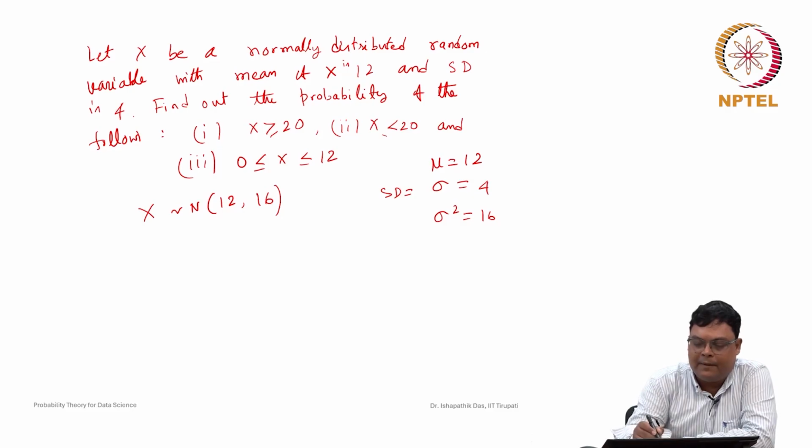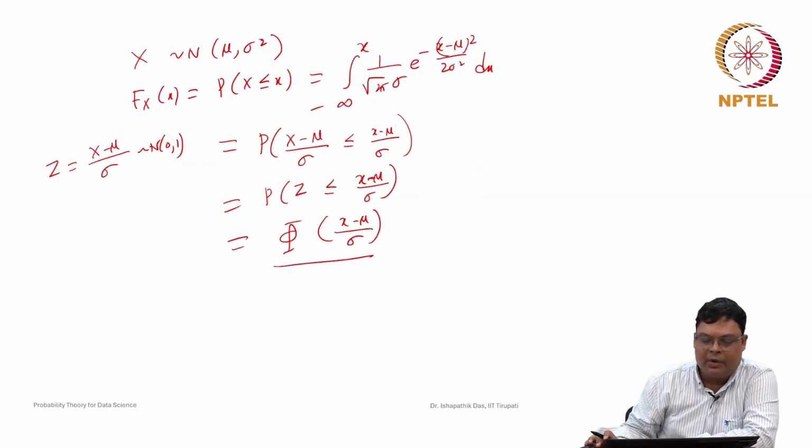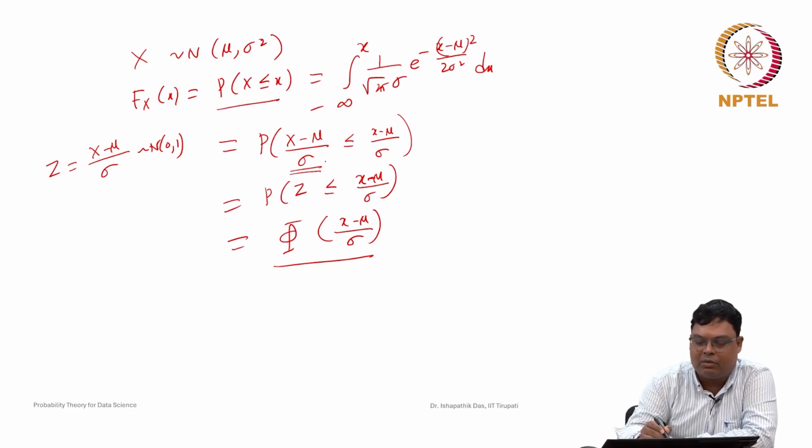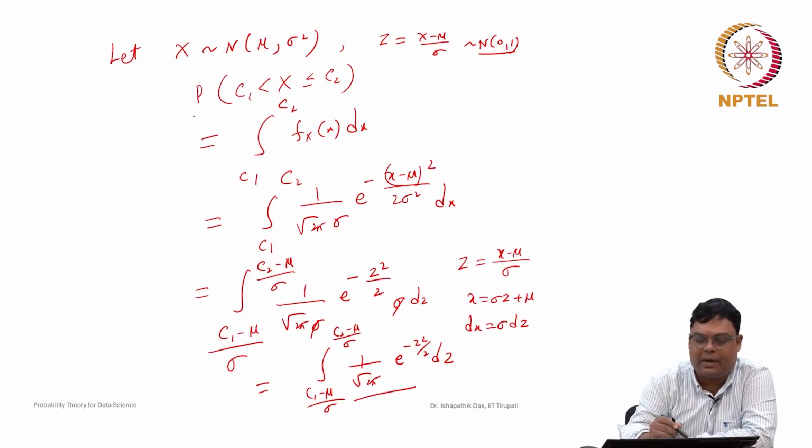Now, suppose you want to find the probability that x is greater than or equal to 20. How to find that? Whenever we want to find a probability, we take a transformation of the normal distribution with mean mu and variance sigma square, such that it is with respect to the standard normal variate.